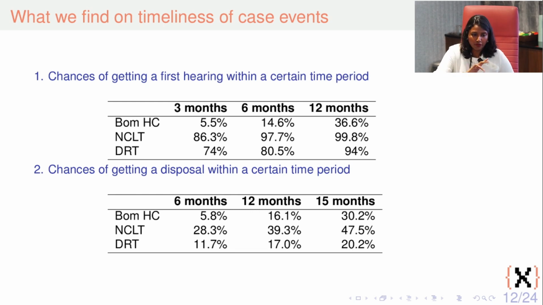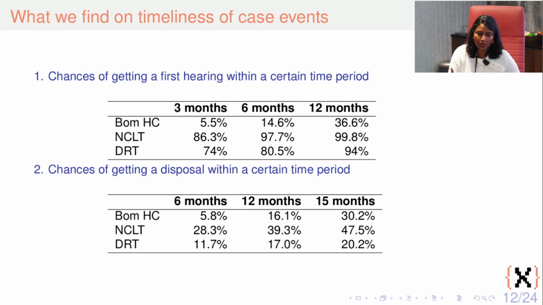Like the jump from 3 months to 6 months, Bombay High Court seems to do a similar jump, 3 times the probability of 6 months is what it takes in 12 months. While DRT seems to be moving very marginally. It moves from 11% in 6 months to 17% in 12 months. And by the time it goes to 15 months, even Bombay High Court seems to be catching up with DRT.